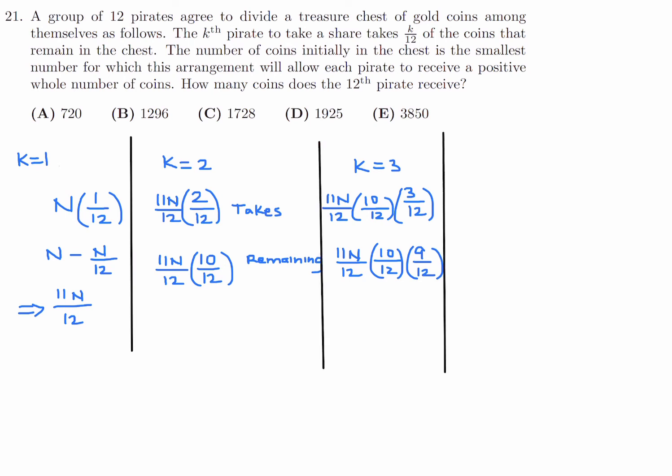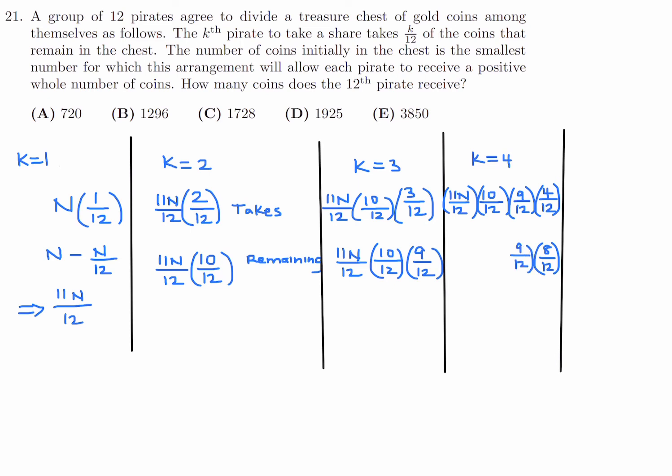Let's do 2 more, k equals 4 and then k equals 5, and then hopefully by then you'll see that pattern. When k is equal to 4, that is the fourth pirate, so 4 over 12 is what he takes of this amount. So that is 11N over 12 times 10 over 12 times 9 over 12. Now, if he takes 4 over 12, he does not take 8 over 12, and that is, of course, what will calculate how much is remaining.